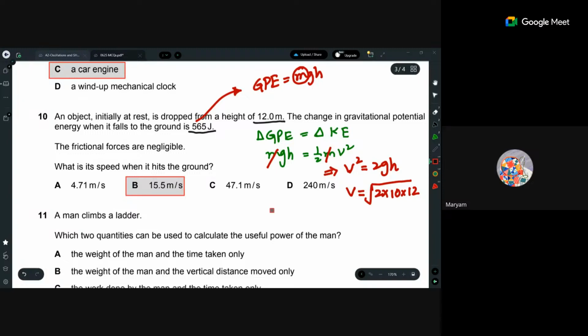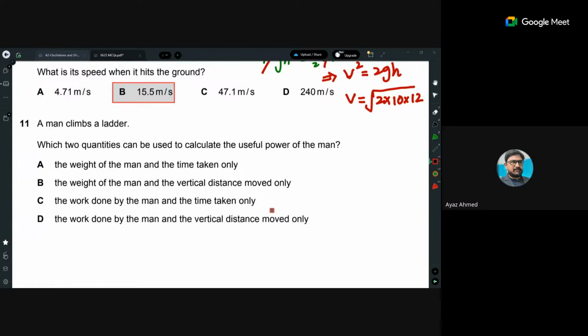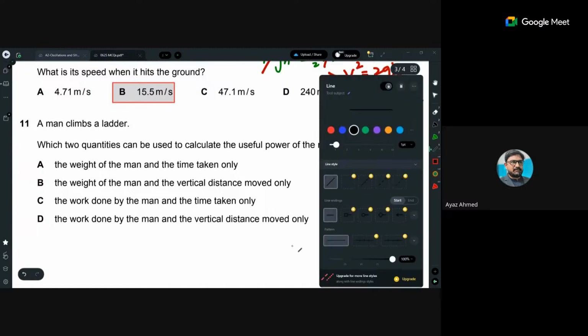Yes, sir. Okay, उसके बाद कह रहा है क्वेश्चन नंबर 11. A man climbs a ladder. Which two quantities can be used to calculate the useful power of the man? So climbs up means that person is climbing the ladder.